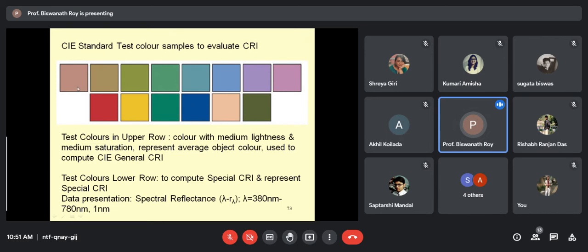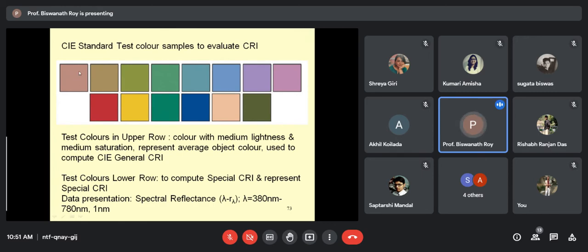So this is illuminated by the test lamp and the color coordinate is measured. Color coordinate means the color of the reflected radiation is measured. Again, it is illuminated by standard illuminant, either A or D65, depending on the color of the test lamp.